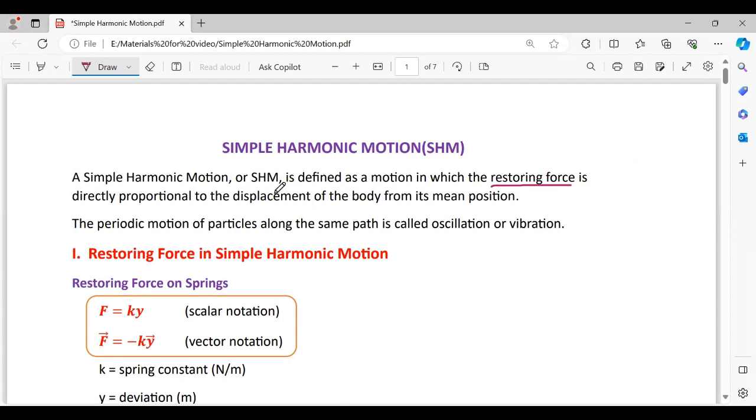So again, SHM is defined as motion in which the restoring force is directly proportional to the displacement of the body from its mean position. And the periodic motions of particles along the same path are called oscillations or vibrations.